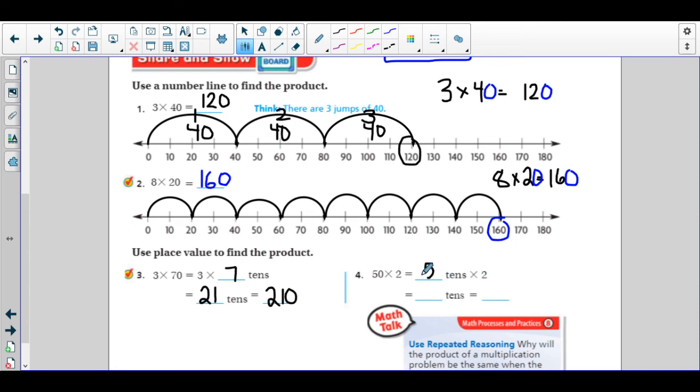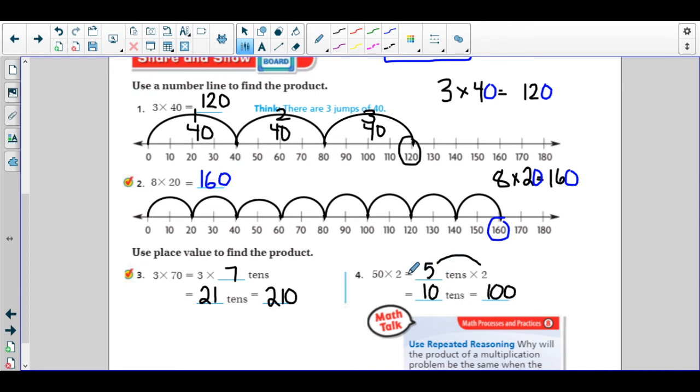So 5 tens, that's going to be a 10 right here. So 5 tens times 2. So how many do I have here? 5 times 2 is 10. And 10 tens is equal to 100.